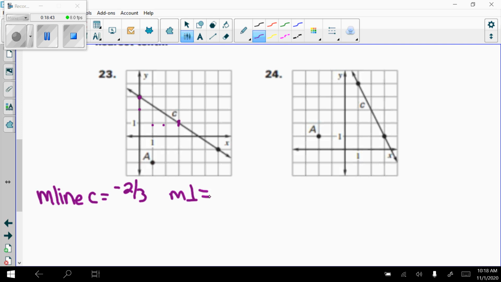I make it positive and flip it and I get 3/2. So from point A, I'm going to do my perpendicular slope, up 3 over 2, up 3 over 2, until I hit line C. So 1, 2, 3 over 2, right there is where it's going to hit. I know this is perpendicular. So now I can find the distance of A, and we'll just label this B.